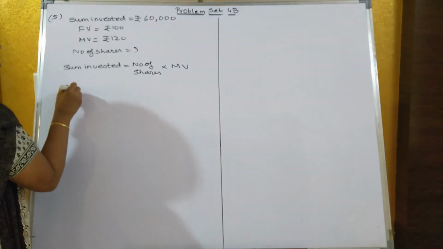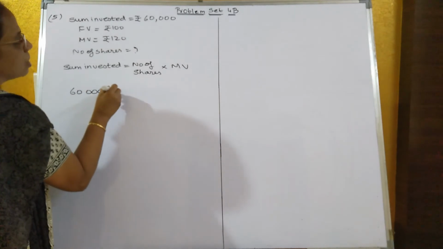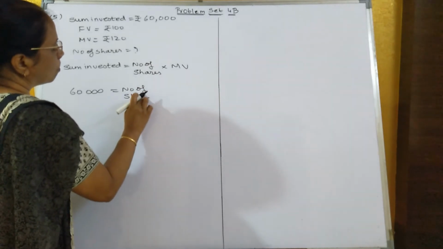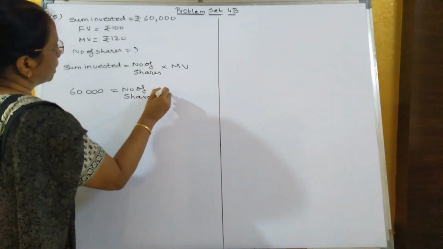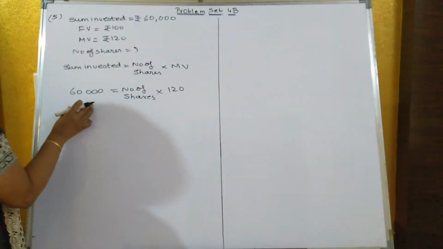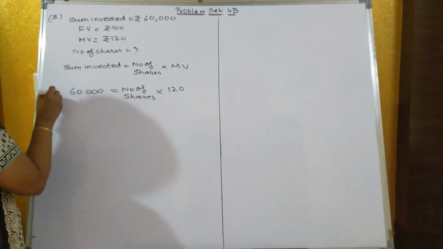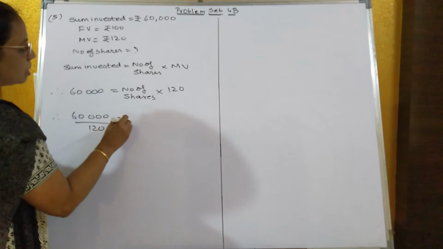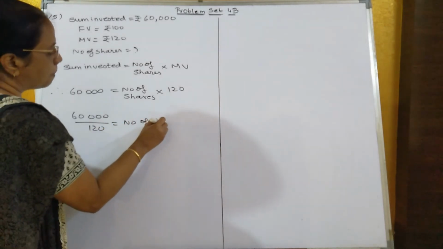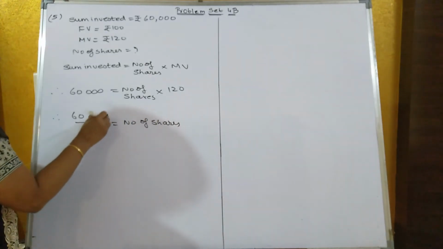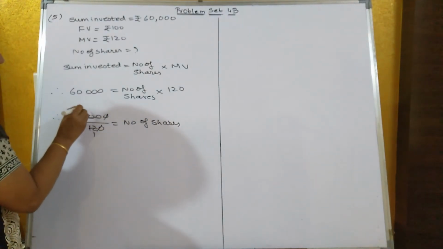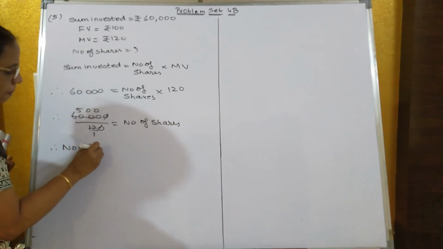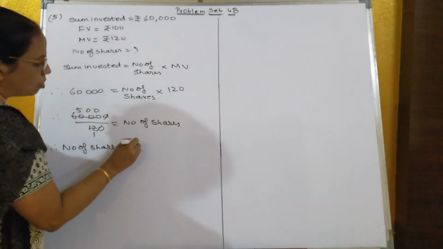So 60,000 is equal to number of shares into 120. Now bring this 120 on this side. Therefore, 60,000 upon 120 is equal to number of shares. 0 and 0 will go. 12 ones are 12, 12 fives are 60, 500. Therefore, number of shares is equal to 500.